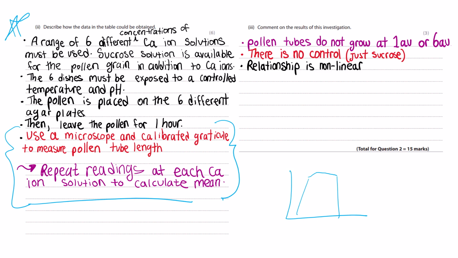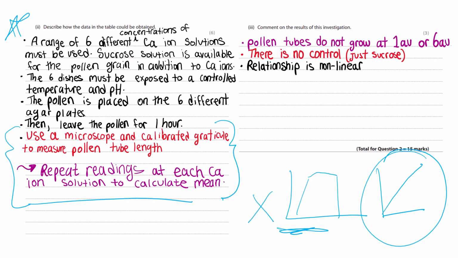If you notice on the experiment, there's no control given. So our control is going to be just sucrose alone without calcium, because sucrose alone may have an effect on the pollen tube growth. Now, also, the relationship is not linear. So this is a linear relationship. This relationship is not linear.